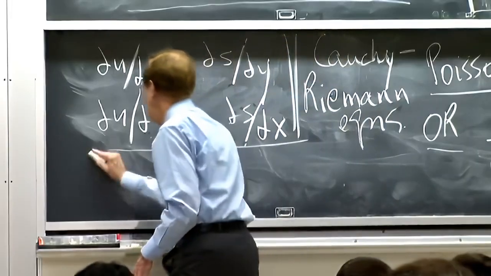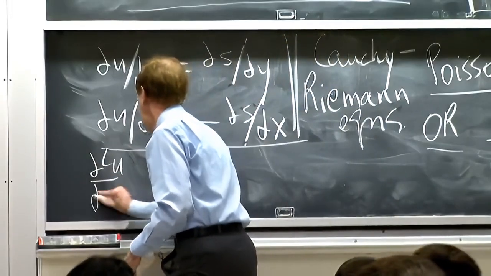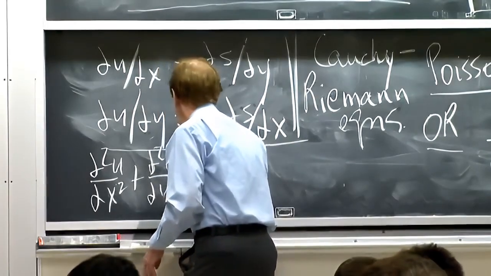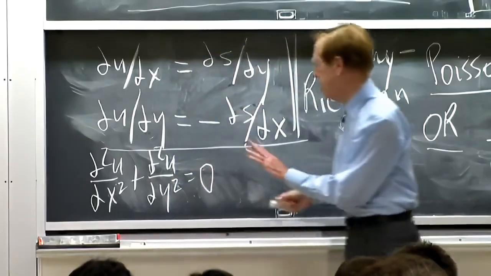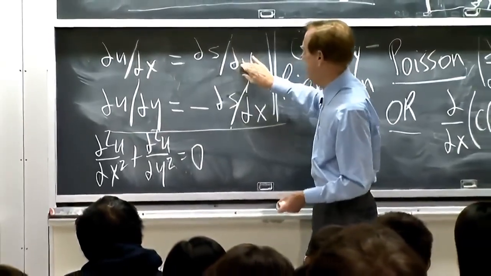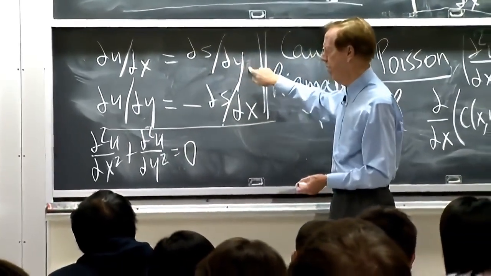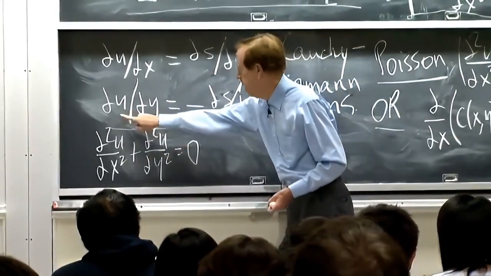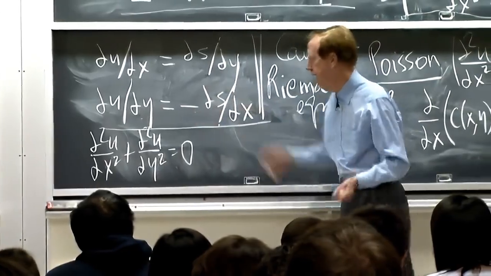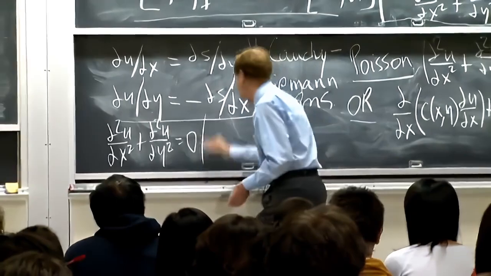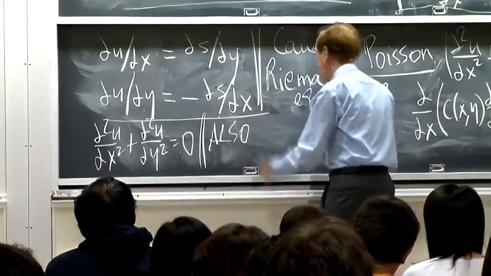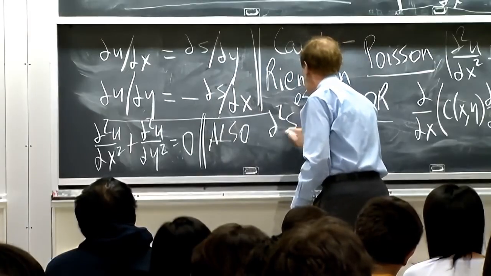Let me go through that verbally again. I take the x derivative of this, which gives me the cross derivative of s. This asks me to take the y derivative, so I get the cross derivative again with the minus sign. They add to 0. I just want to point out that s also satisfies Laplace's equation. Can we do that one?